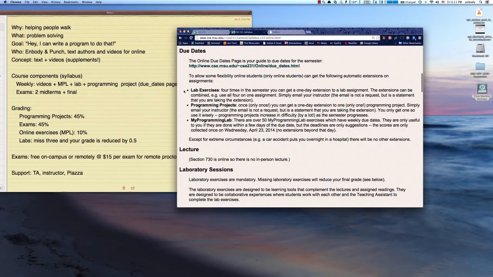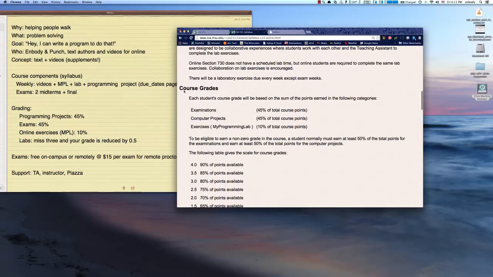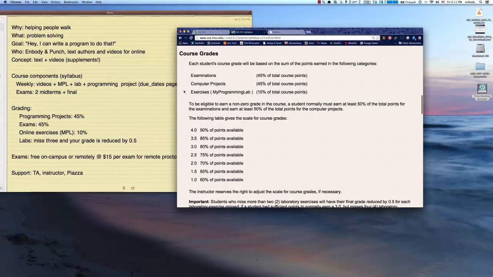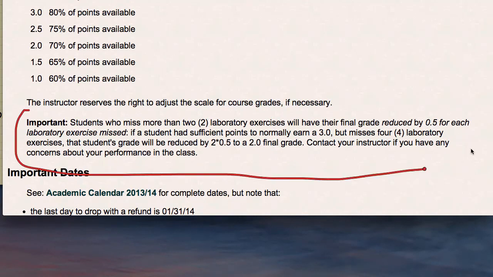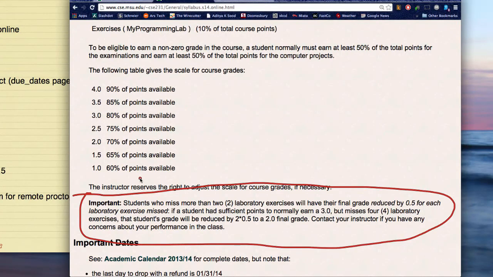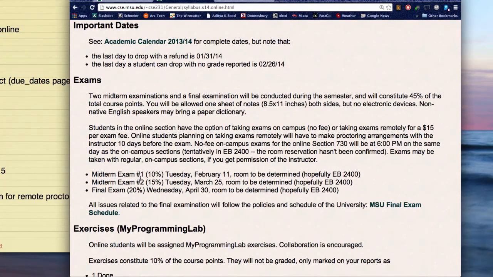There are some notes in the syllabus about some flexibility that I try to provide. They speak for themselves. I've already mentioned the distribution of points, and make particular note of this about missing laboratory assignments. You'll want to watch out for that. I already mentioned that, so make sure you take a look at that. There's examinations. At this point, when I'm recording this lecture, I'm hoping to have them all in Engineering 2400, the free online one.